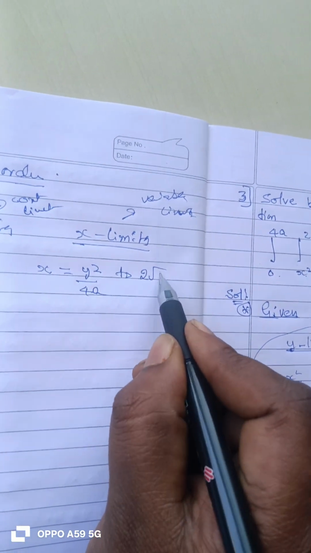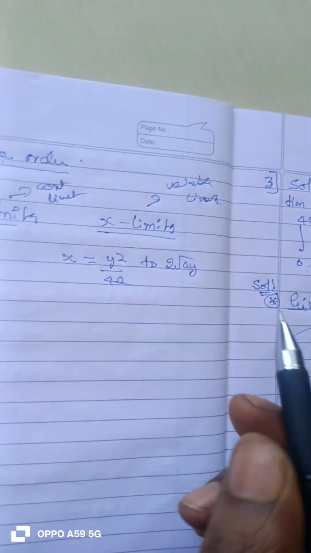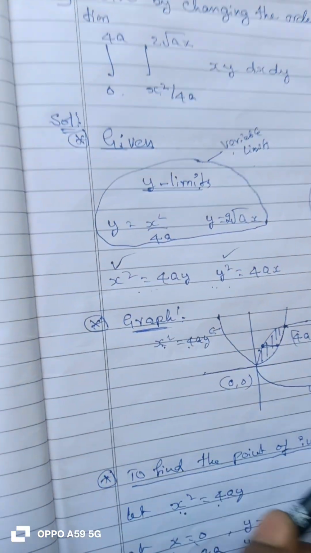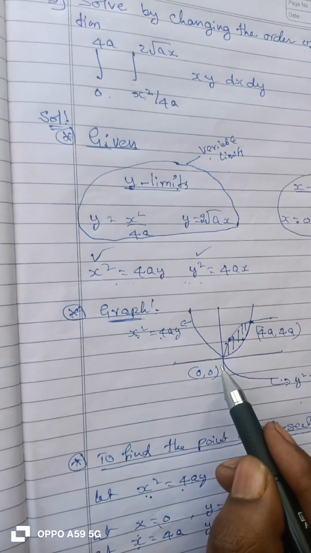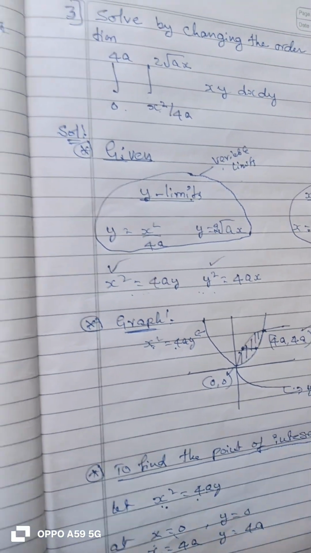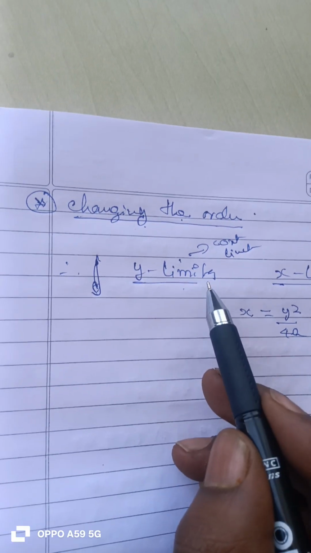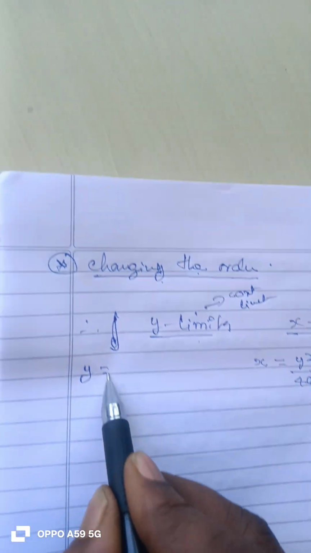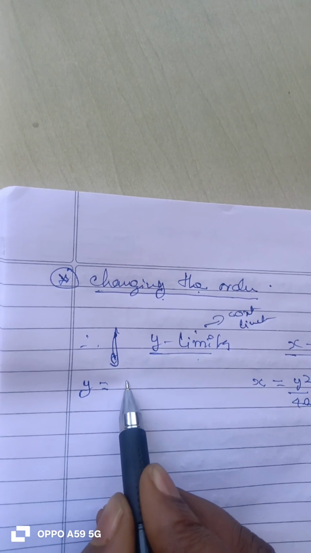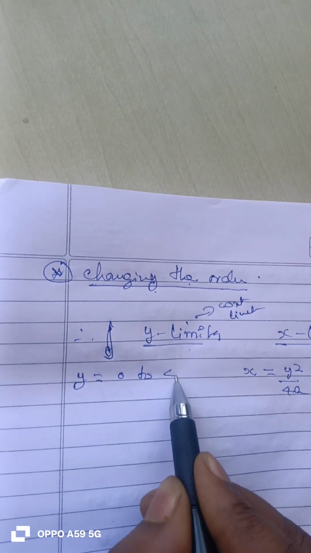Now in the y limits, if you observe towards the y axis, this is the lower limit, this is the upper limit. As I told you, these are constant limits. So y is equal to 0 to 4a.